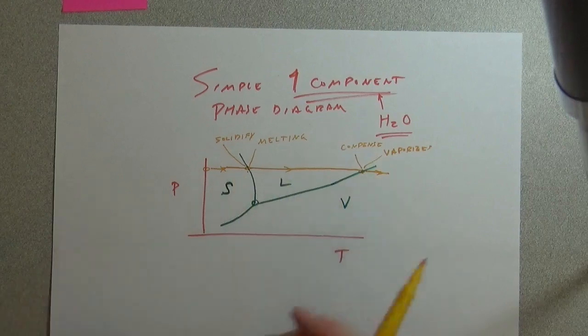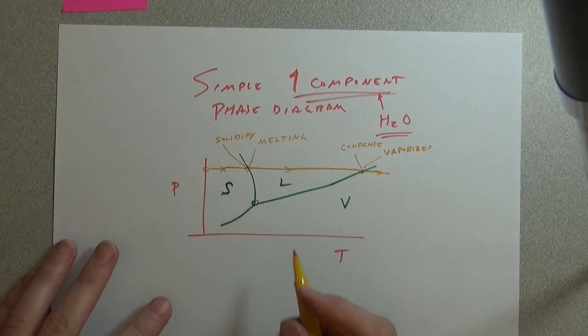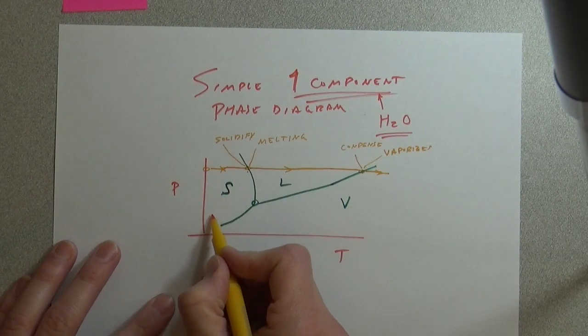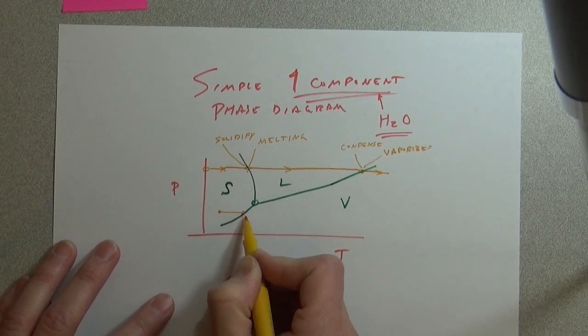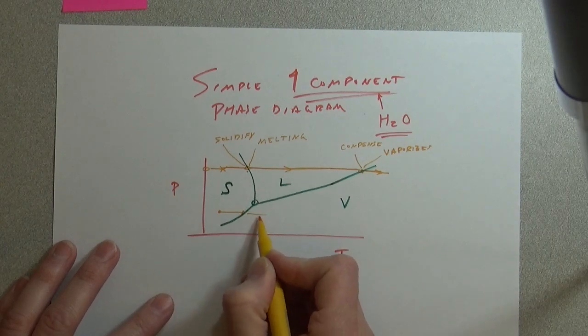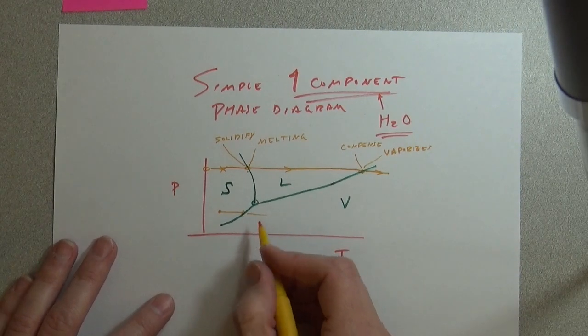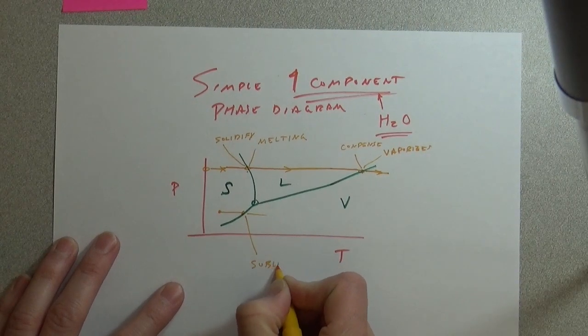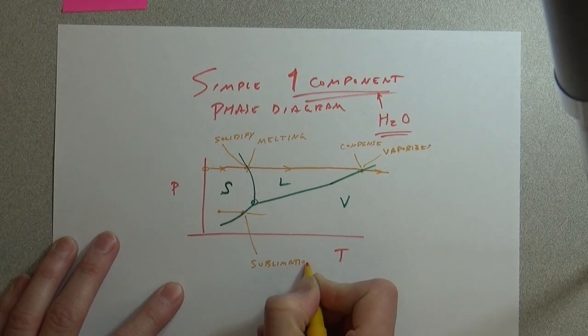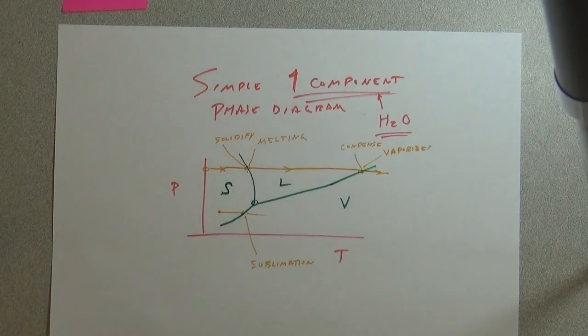And this behaves the way we know water will. Now, if you look down here, if we start out solid in this region, at a lower pressure, at some point it goes from a solid straight to a vapor. So what's happening here is sublimation. So it's skipping the liquid phase.